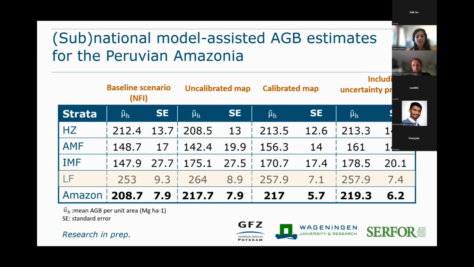But if we first locally calibrated that map to the country, then the enhancement in precision was substantial, even when we accounted for and propagated the sources of uncertainties that I already mentioned. This means the country can derive more complete and accurate biomass subnational estimates for greenhouse gas AFOLU or LULUCF accounting and reporting, or could use this information to build a more efficient or perhaps less intensive sampling strategy for the National Forest Inventory.